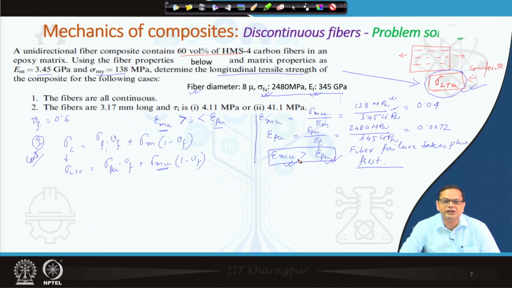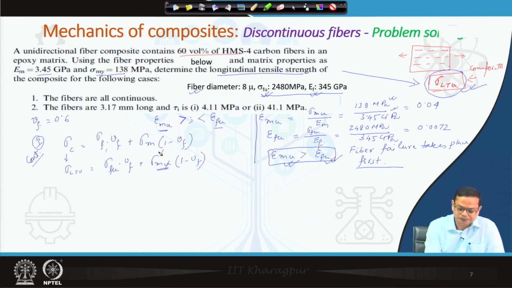That means when the fiber fails, the matrix will not be experiencing the ultimate tensile strength of the matrix, rather it will be sigma m dashed. Sigma m dashed means at the failure strain of the fiber, how much stress is being experienced by the matrix.